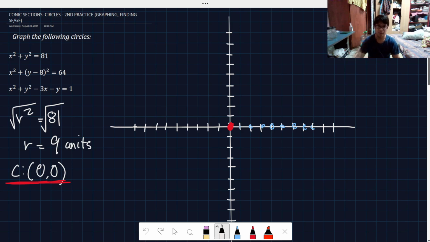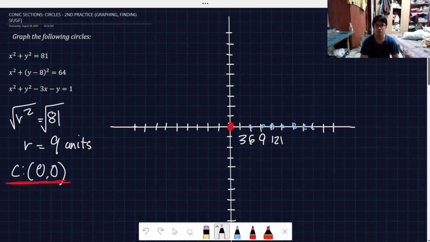Starting from the origin, 0, then 3, the next integer 6, then 9, then 12, then 15, and so on. I think that's much better. It's shorter and more convenient to graph.